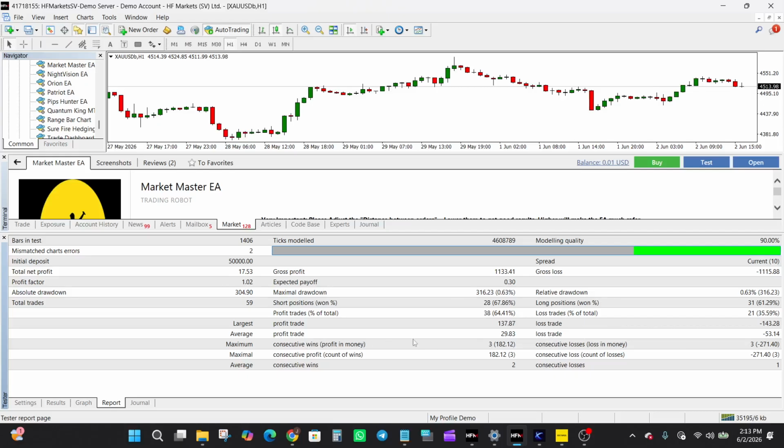You can see the difference between the average profit 29.83 and the average loss 53.14. So the risk to reward ratio is pretty bad, and the win rate is just there, right? It's okay, but it's not really excellent. So it's not even up to 70% win rate.